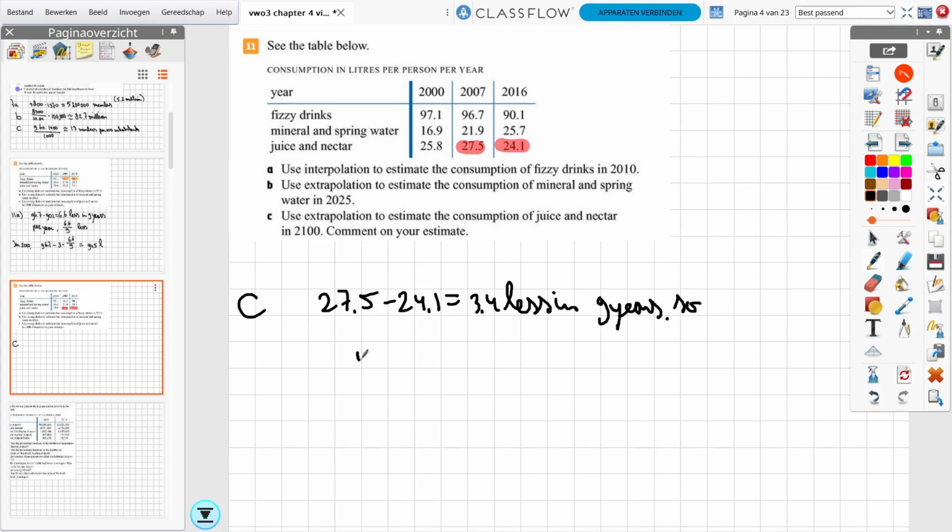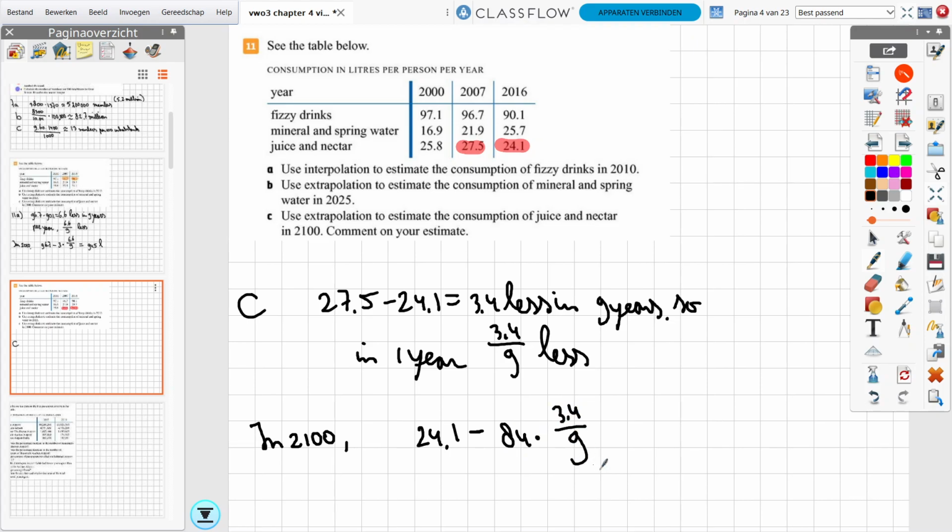So in 1 year I have 3.4 over 9 less. In 2100 I will have my starting value, which is 24.1 in 2016, minus, because we have a decrease, the years between 2016 and 2100. That are 84 years times 3.4 over 9.